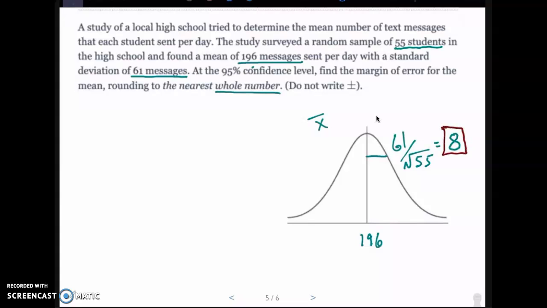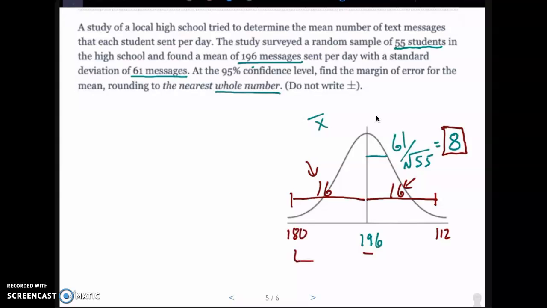Now what I need to do to construct my 95% confidence interval is add 2 standard deviations to the mean and subtract 2 standard deviations from the mean. So I'm going to take 8 and add 16 to the mean, and subtract 16 from the mean. This number right here that you're adding and subtracting to get your high and your low is 16. So 196 plus 16 is 212, and then 196 minus 16 is 180.